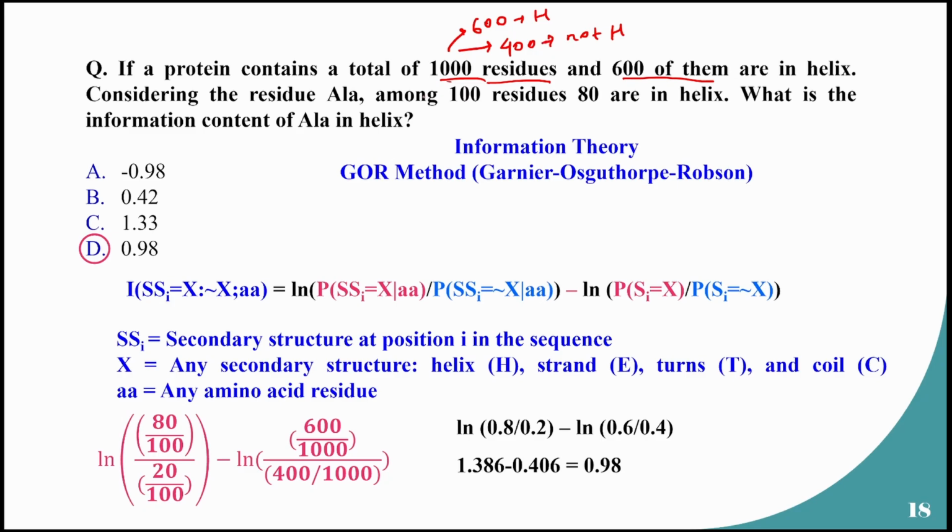Then you have been given information for a particular residue which you want to include in this calculation, that is alanine here. You have been given a total of 100 alanine residues, of which 80 are present in helix.